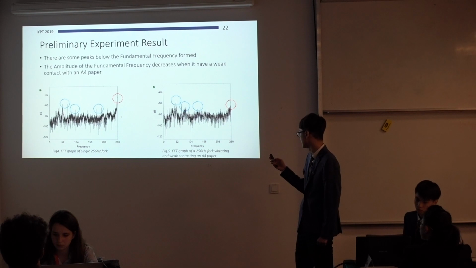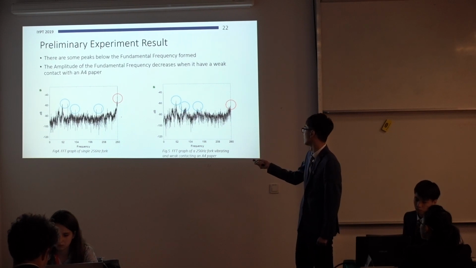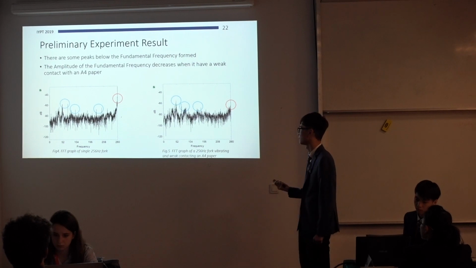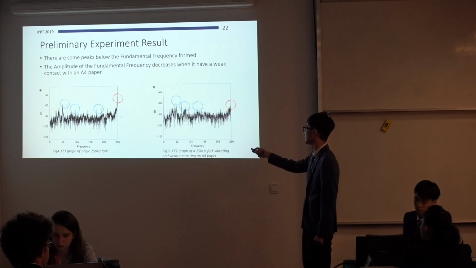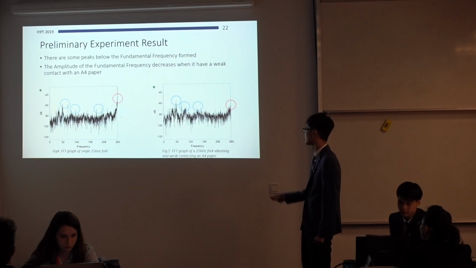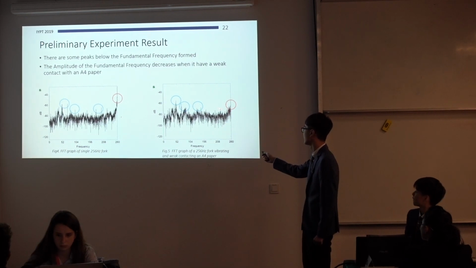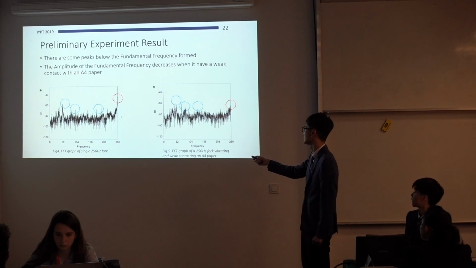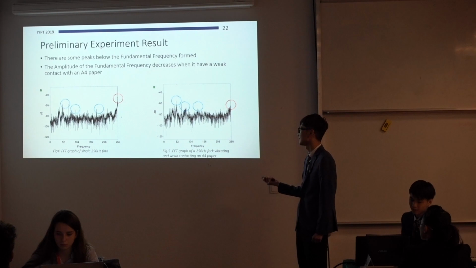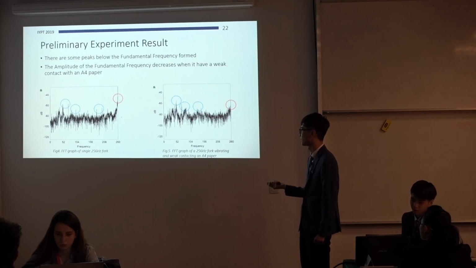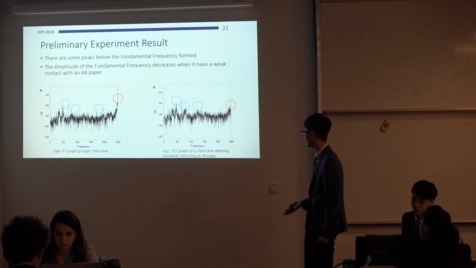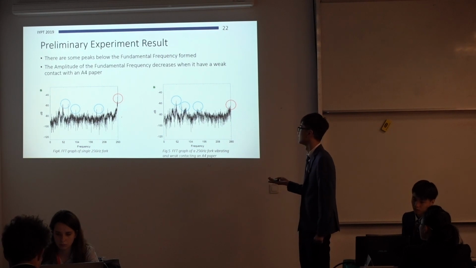So we can see that we are using a 256 Hz tuning fork in this case, and this is the peak, the fundamental frequency. Except that, we can see some peaks lower than the fundamental frequency that have a similar amplitude to it.